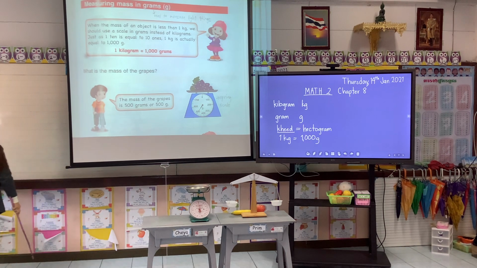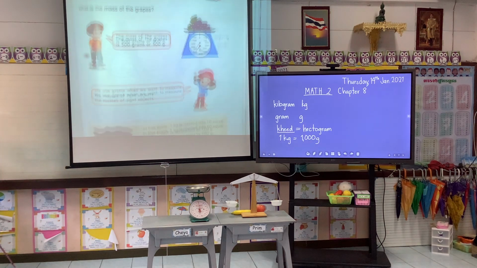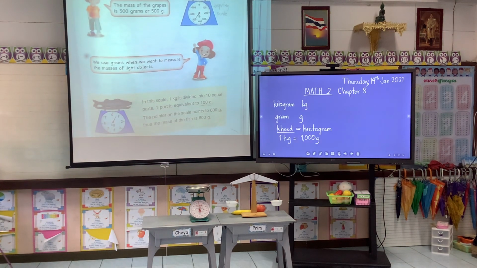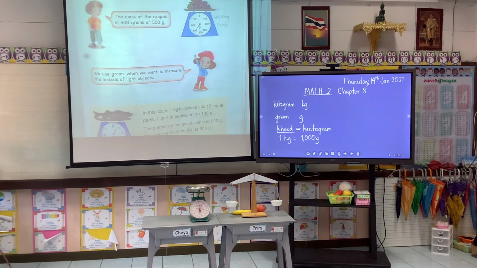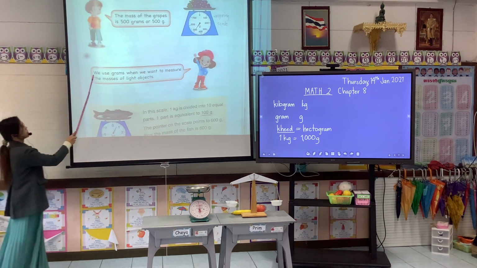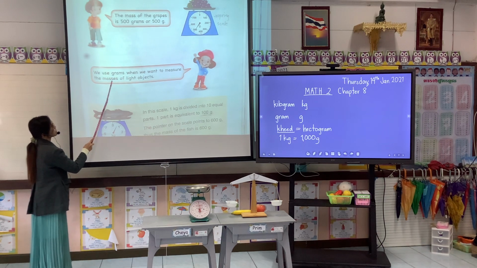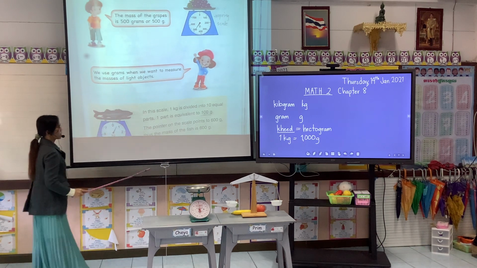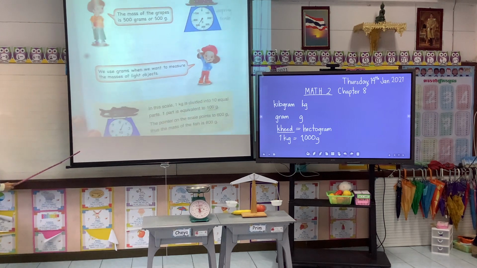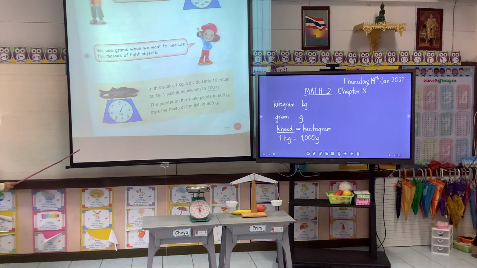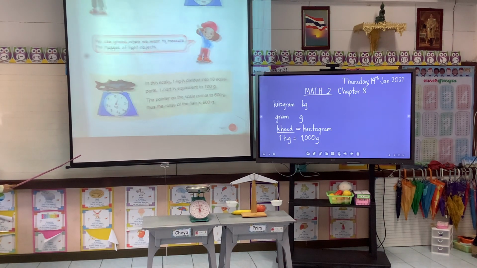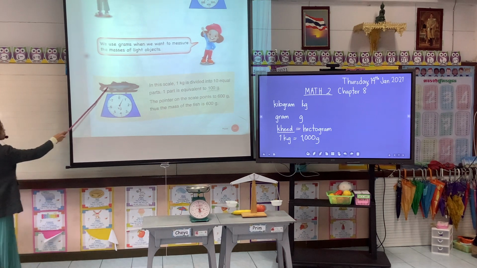Next, let's take a look at this. As I have said, we use grams to measure the masses of light objects. The next scale, let's see how heavy the fish is.